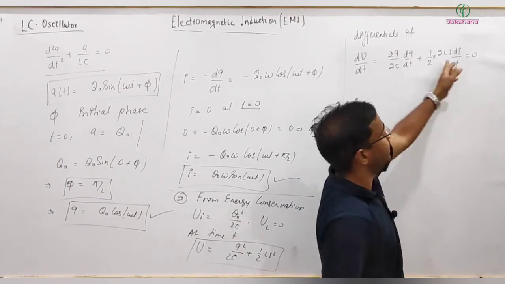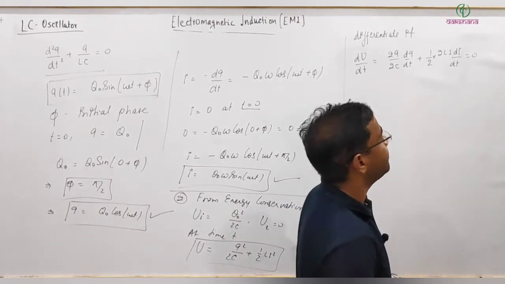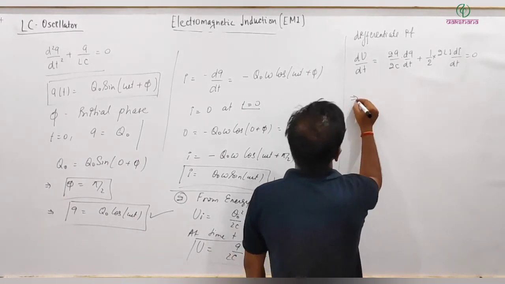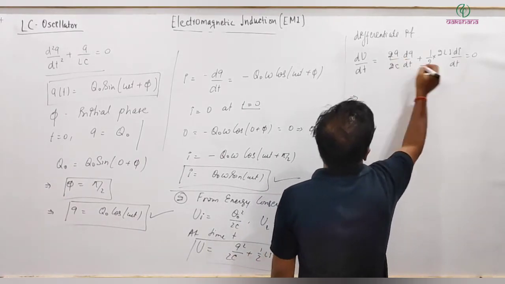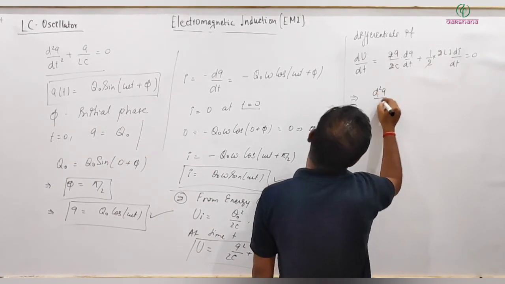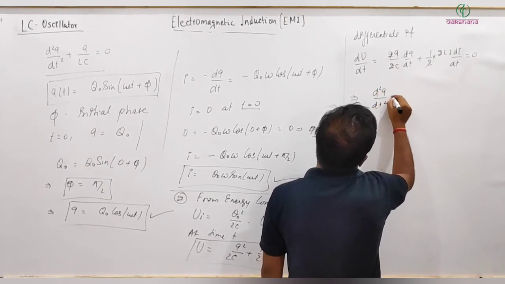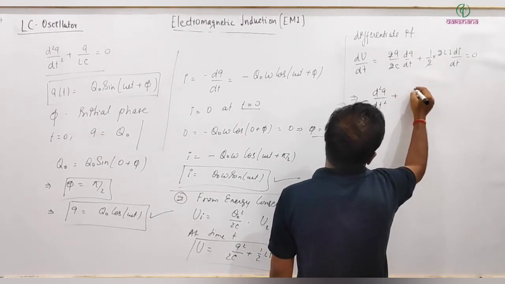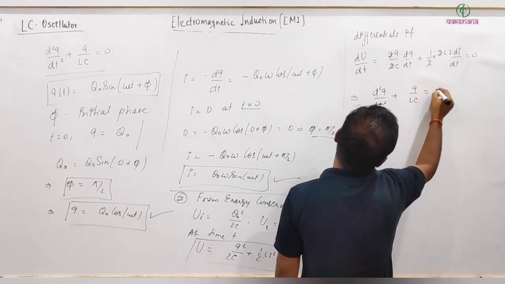Rearranging, I am taking i out, and di by dt I am writing as d2q by dt2. Then dividing by L, I am getting d2q by dt square plus q by LC equal to 0.